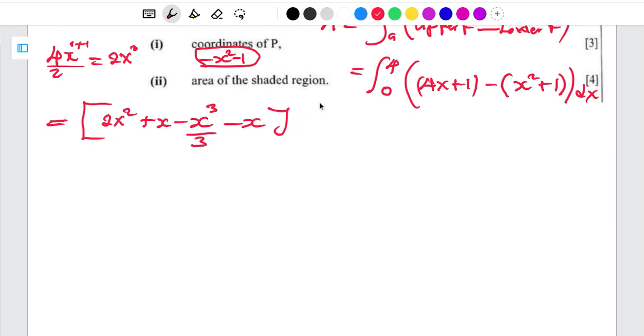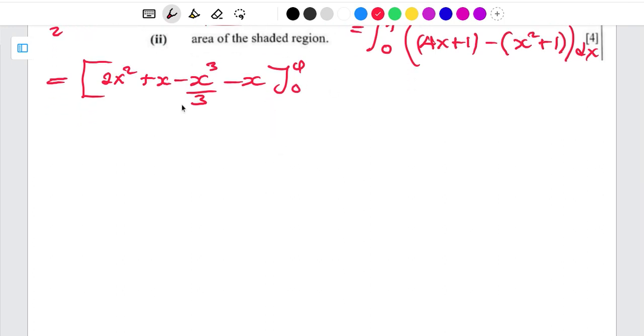Then the limits, I'm going to put them here. Then after that, you can see that these can cancel each other. So what am I going to remain with? I'm going to remain with 2x squared, then minus x cubed, then divided by 3. Then the limits 4 and 0.